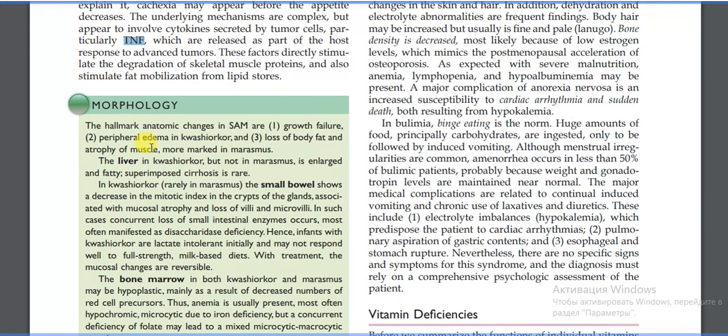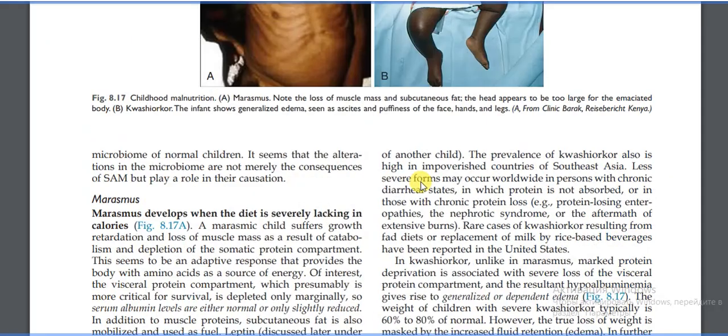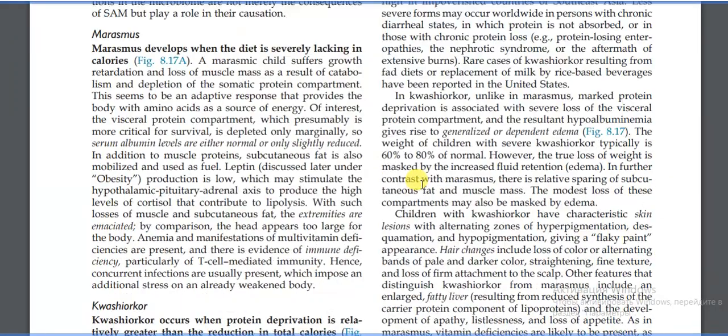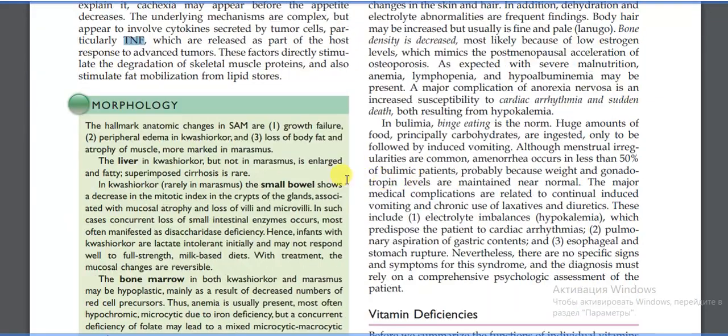Okay, anatomic hallmark changes in these diseases, malnutrition diseases, are growth failure.